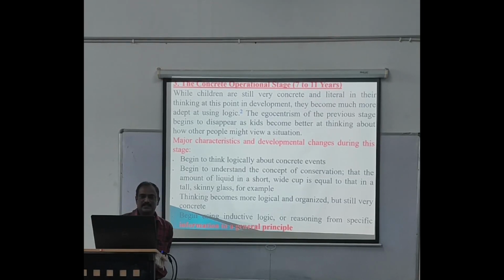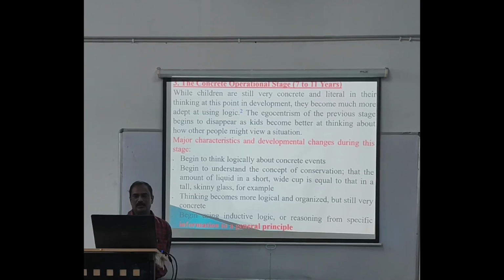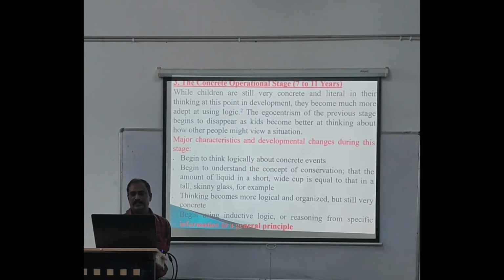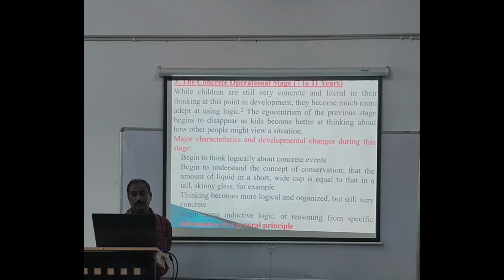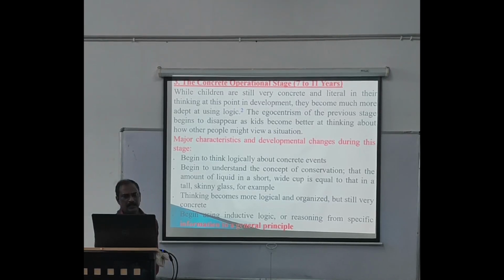So, when we see the major characteristics and developmental changes during this stage, the first characteristic is that they begin to think logically about concrete events. At this age they also don't get abstract thinking; abstract thinking is unable to develop in their mind. So they only think logically about concrete events.